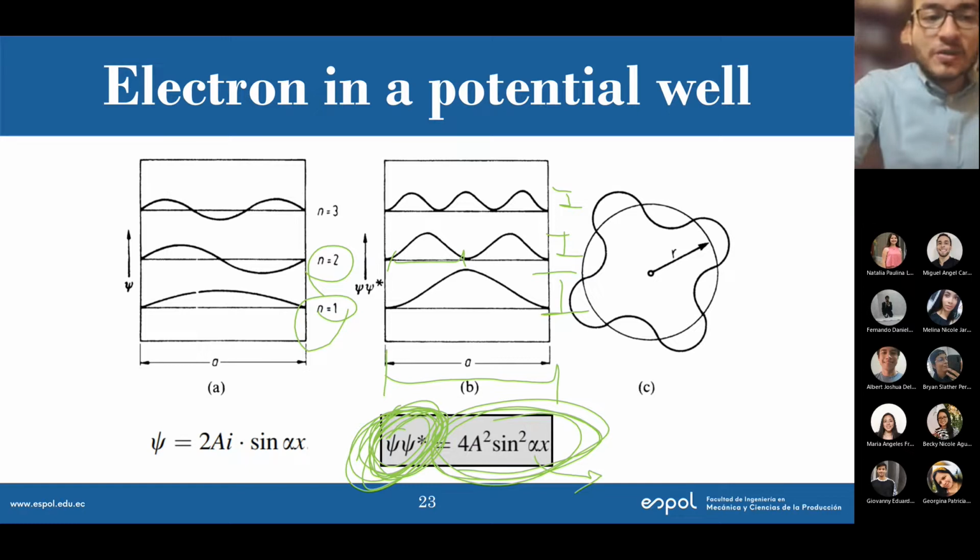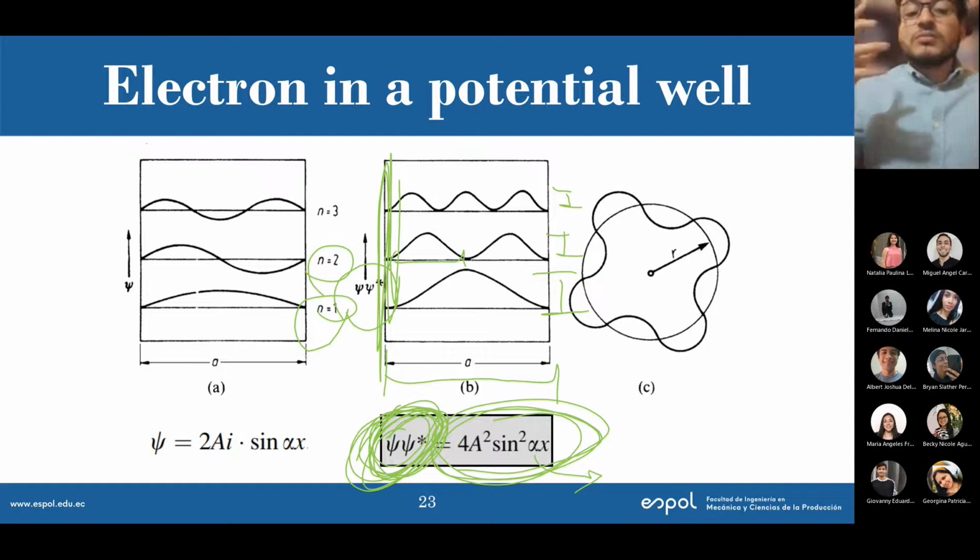What's being plotted on the y-axis is the probability function, the wave function times its conjugate.